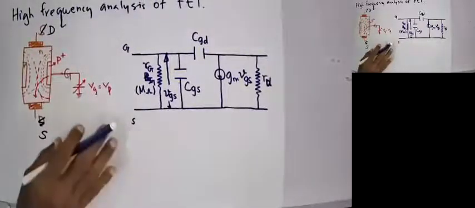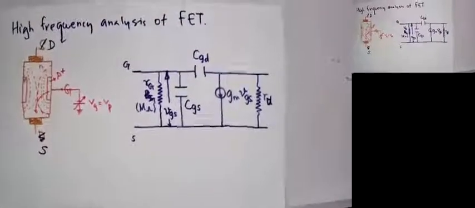We'll solve a simple common source amplifier and source follower amplifier, JFET amplifiers at very high frequencies, right? We'll do the calculation for high frequency analysis of junction field effect transistors.